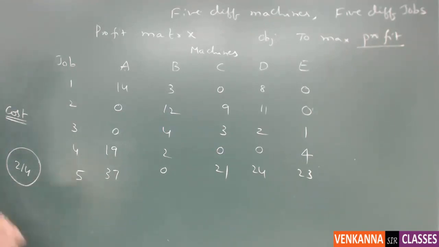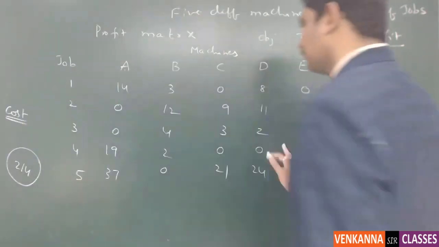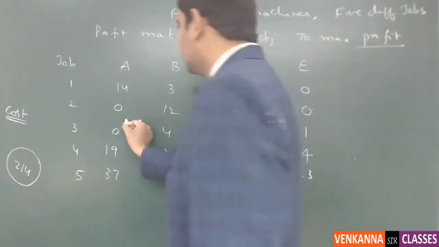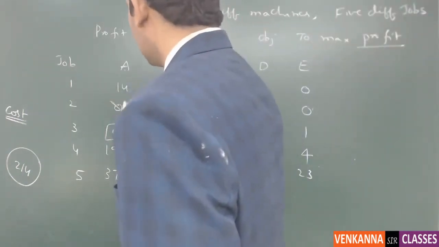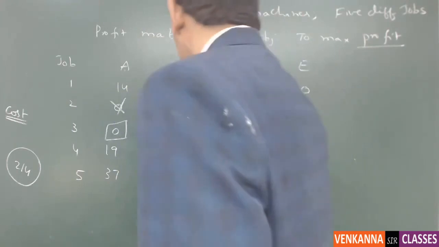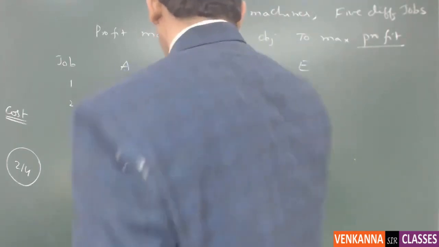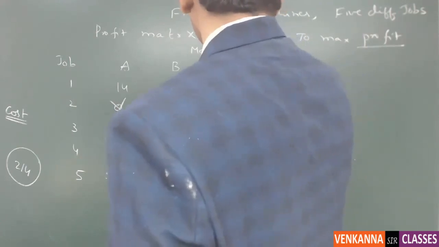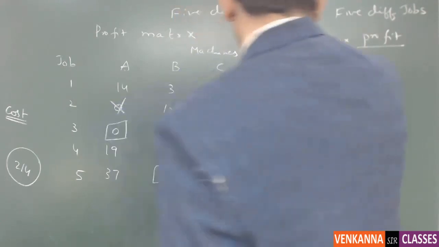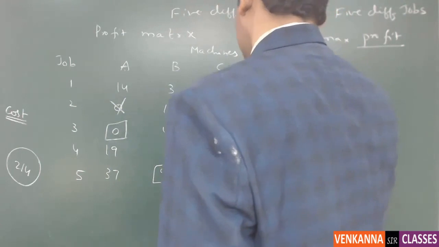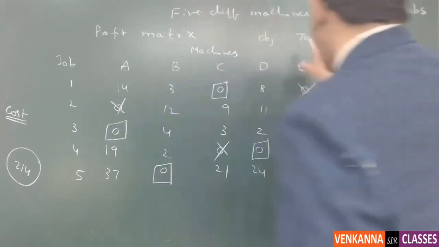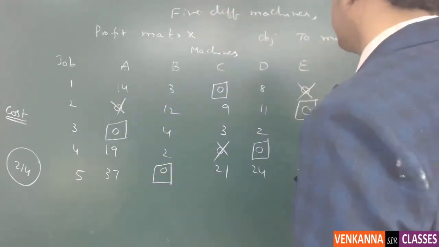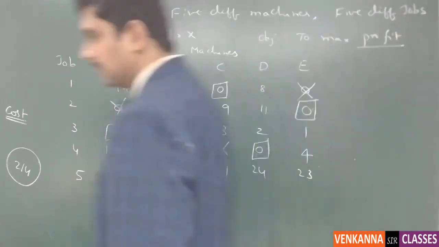If you go for the allocations, as and when you have a single zero, we should cross the corresponding things. You have a single zero here, we should allocate that. Coming to the columns, you have a single zero here, this row gets cancelled. You have a single zero here, this gets cancelled, and you have a single zero here. Is this allocation right?